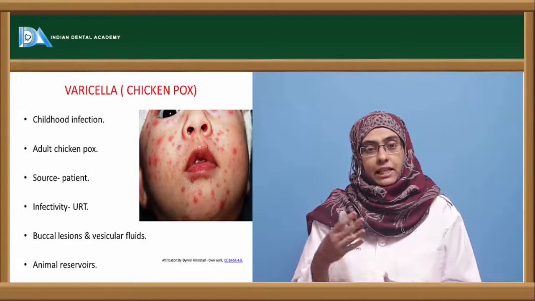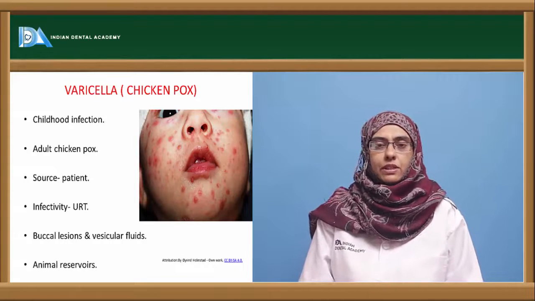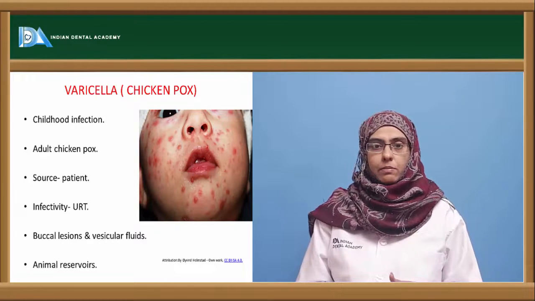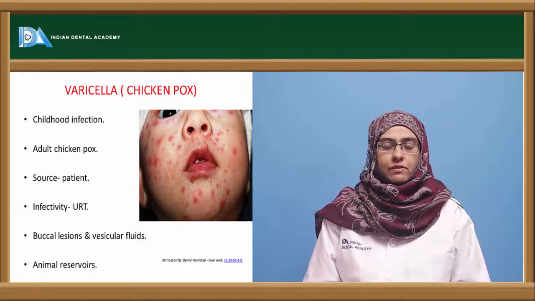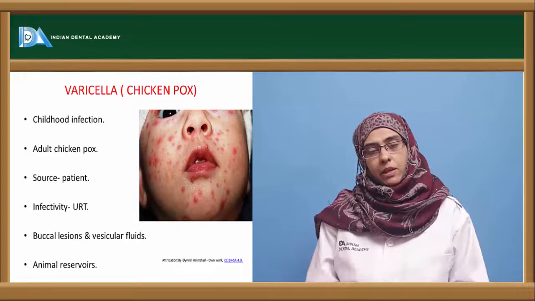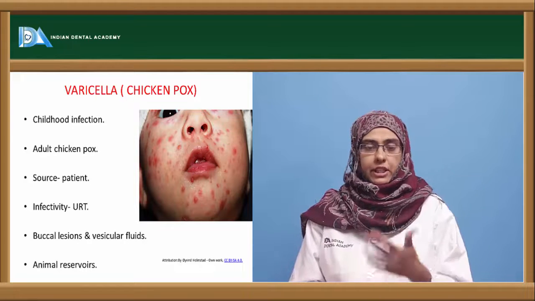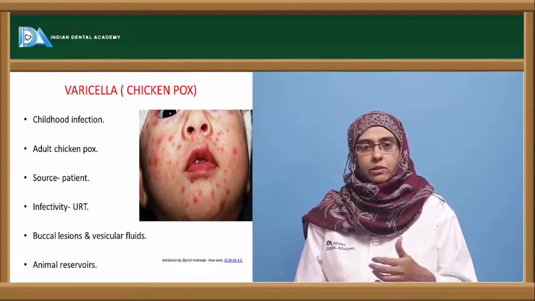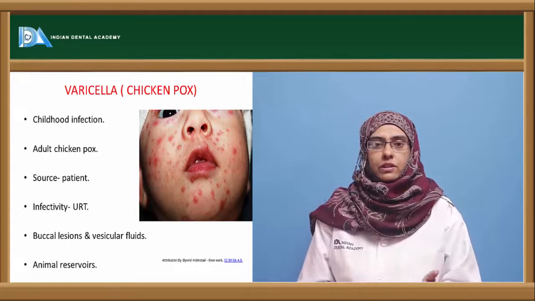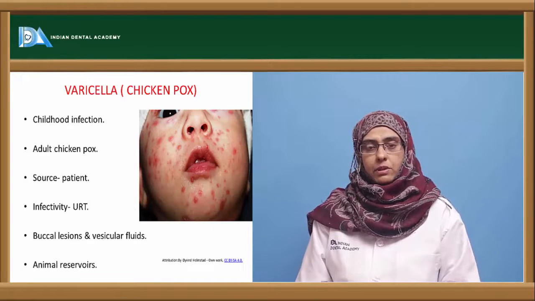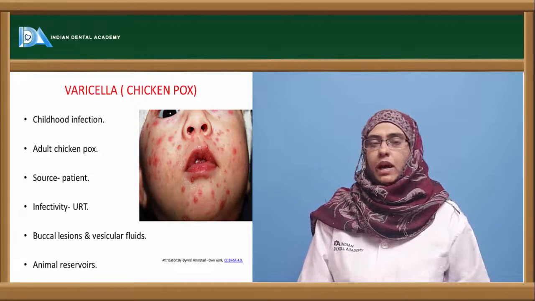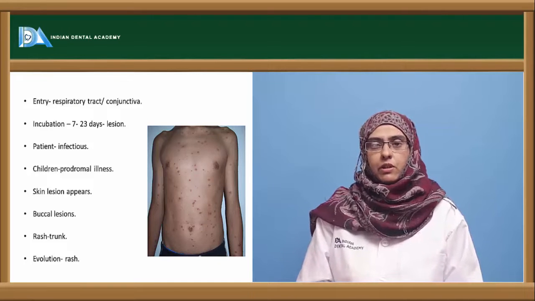So the person is highly infectious during the initial phases, and you can also see the buccal lesion mostly during the initial phases. The organism can also be demonstrated in the vesicular fluids, where it is shed and can also become a source of the infection. And coming to the reservoirs, there is no animal reservoir for this particular organism.